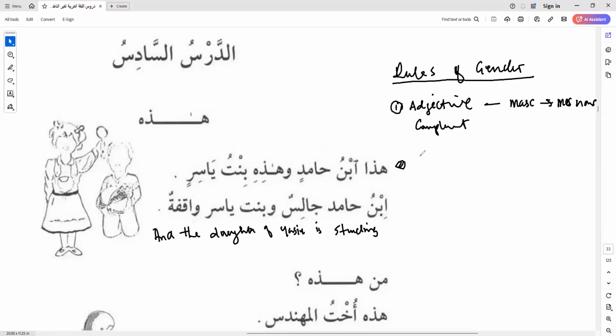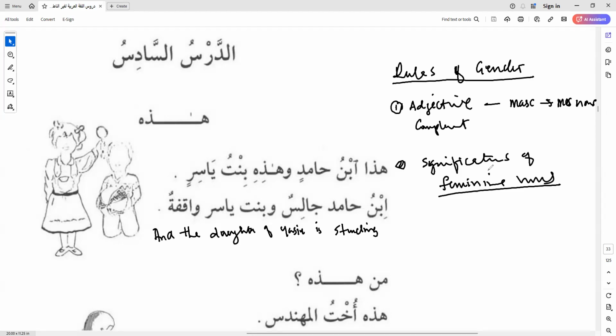So what are the significations? Let's look at the significations of feminine nouns. And by signification, I mean what you can use to determine whether something is a masculine noun or a feminine noun in Arabic.